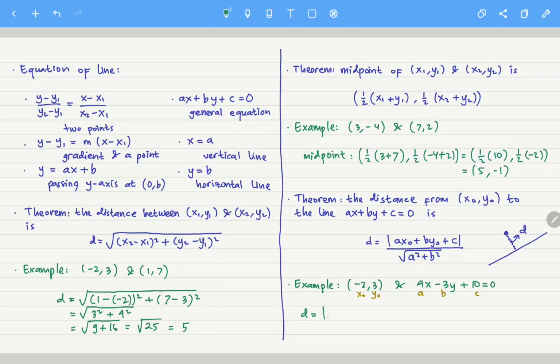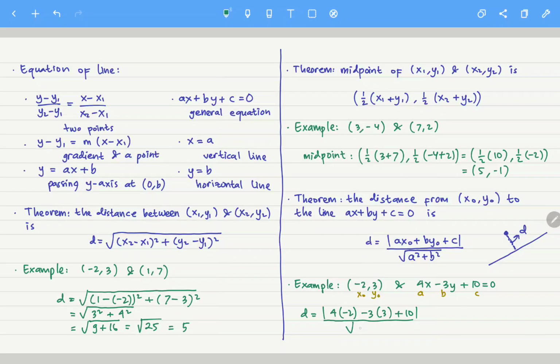So the formula is: a x0, so 4 times minus 2, plus b which is minus 3 times y0 which is 3, plus c, divided by the square root of a squared plus b squared.